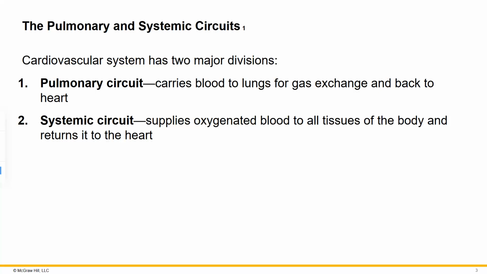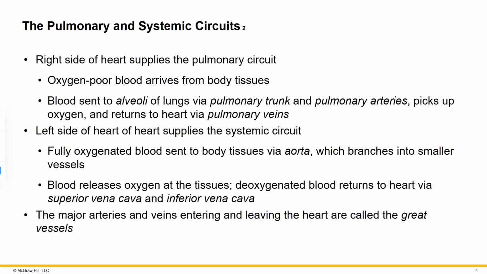The cardiovascular system has two major divisions: the pulmonary circuit, which carries blood to the lungs for gas exchange and back to the heart, and the systemic circuit, which supplies oxygenated blood to all the tissues of the body and returns it to the heart. The right side of the heart supplies blood to the pulmonary circuit. Oxygen-poor blood arrives from body tissues, and then it's sent to the lungs to pick up oxygen, and is returned to the heart through the pulmonary veins.